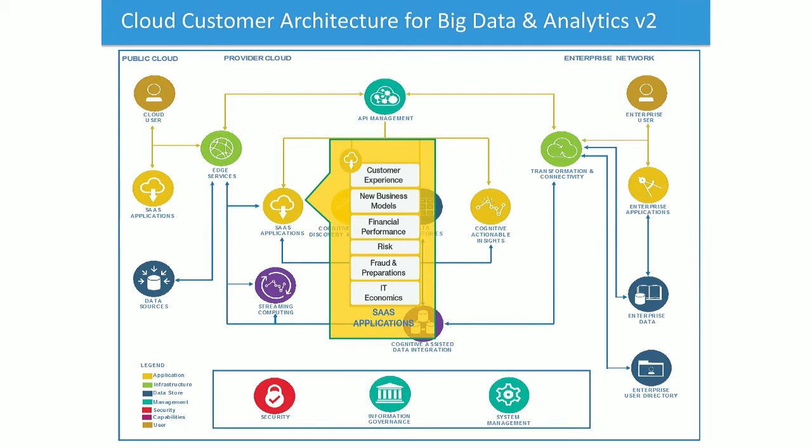We have seen many of the enterprises started to migrate their enterprise applications to the private cloud. Okay, so this one is different from the SaaS applications on the public cloud, which is more for customer engagement and IoT. Okay, so this suite of applications, they are really focused on core business functions.